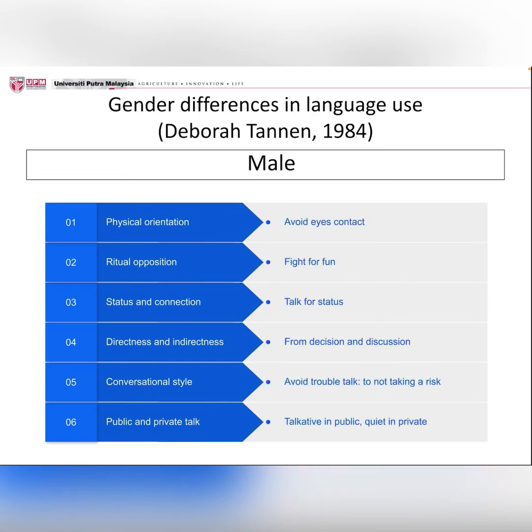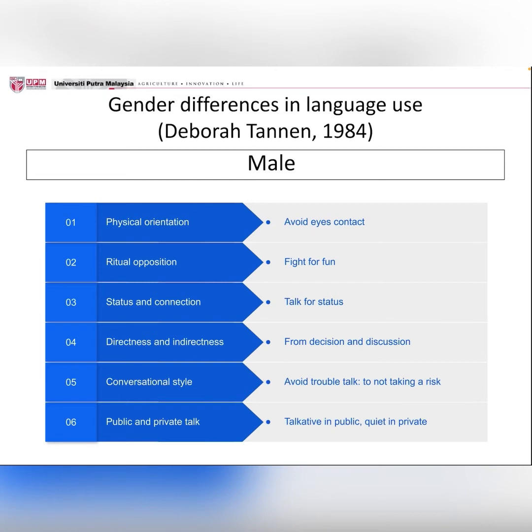Second, ritual opposition, where males love to play around or have a joke. In other words, they love to fight for fun. But for female, they may fight, but not for fun, just for a certain situation.